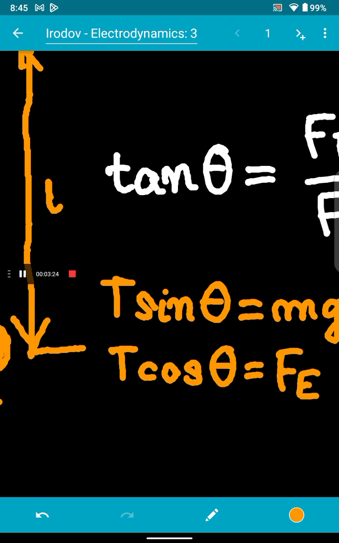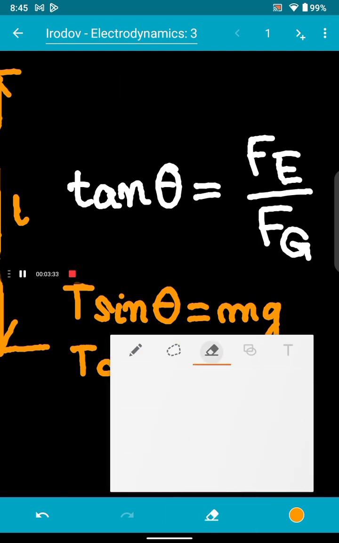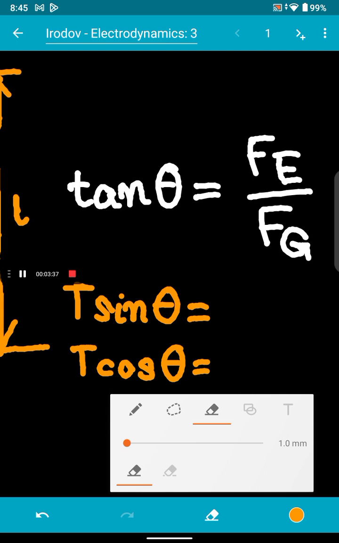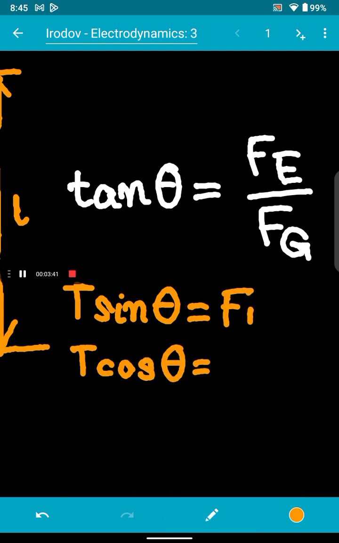If you divide the first one by the second one, you will get tan theta equal to, I made a mistake here. mg and Fe will be reversed. So this will balance the electrostatic force and this will balance the gravity. Now if you divide both, you get the above formula.